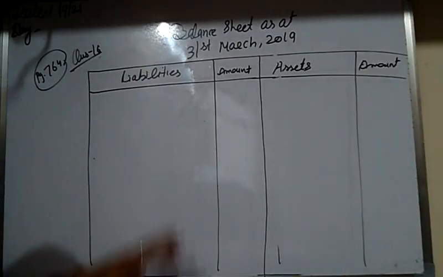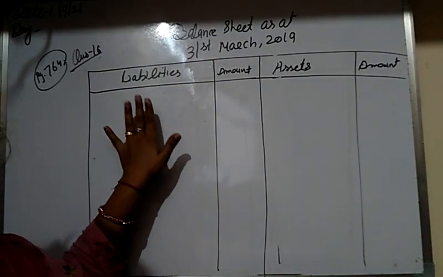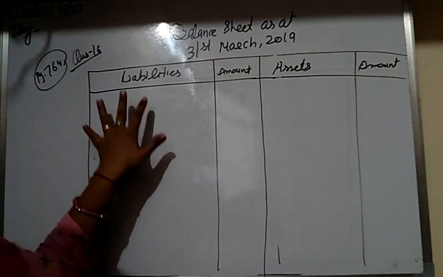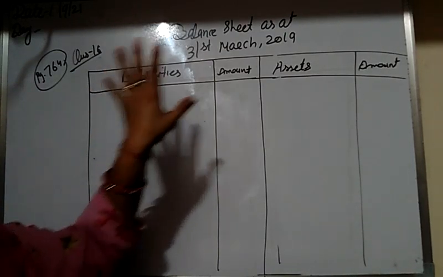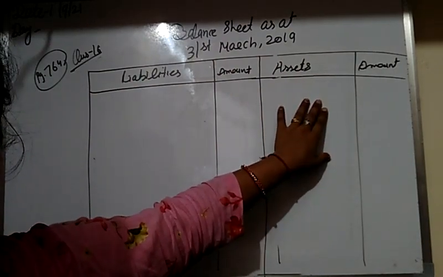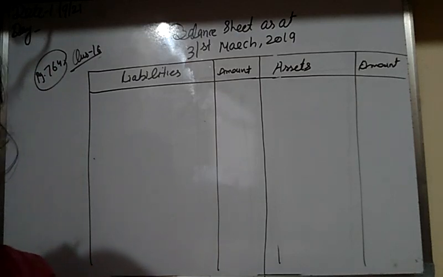Now on the liability side we record all the liabilities related to capital, bills payable, creditors, loans, short term loans, long term loans. On the asset side we record all the assets, fixed assets and current assets, goodwill also. Goodwill is an intangible fixed asset.